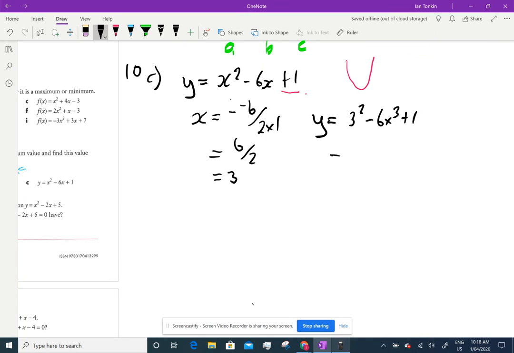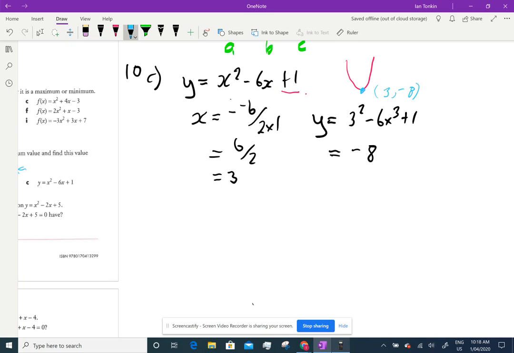Negative 8. We've found out that it's positive. We've found the vertex at 3 and negative 8.